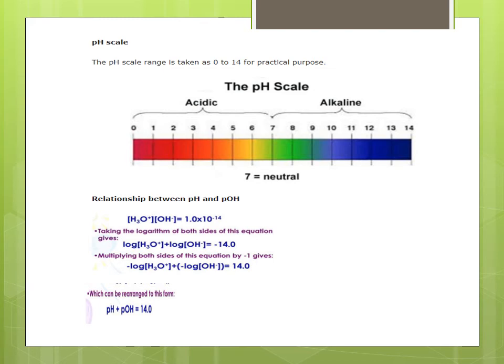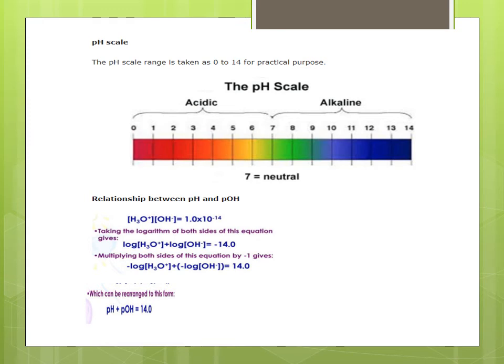Molar concentration of H₃O⁺ multiplied with molar concentration of OH⁻ is 1.0 × 10⁻¹⁴. Now taking logarithm, multiplication will change to plus as usual, as log(A × B) is log A plus log B, and log 10 is equal to 1 and log 1 is 0.